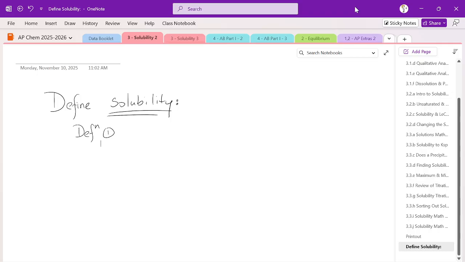Okay, what is a definition of solubility? How much of a substance can dissolve? That is partially right. The maximum.